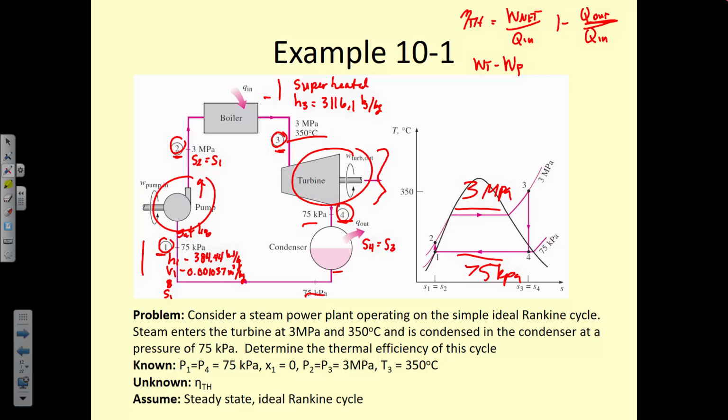So I did look up entropy values, and for state 1 it's 1.2132 kilojoules per kilogram Kelvin, and for state 3 we have S3 equal to 6.7450 kilojoules per kilogram Kelvin.